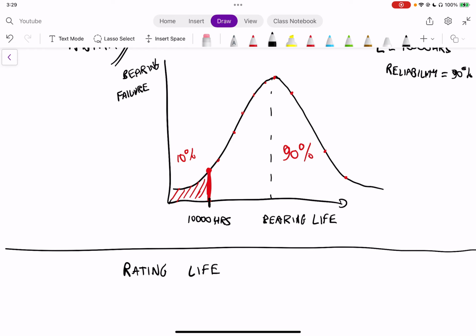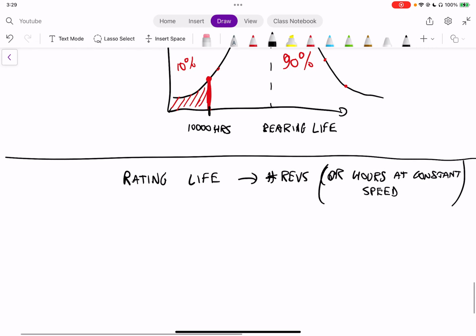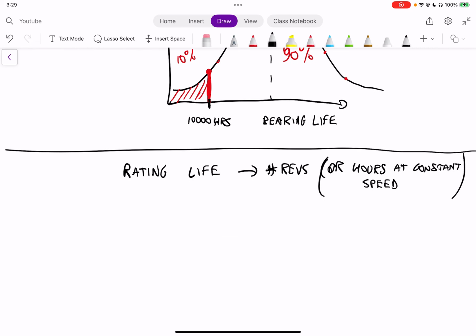So the rating life of a bearing is calculated in the number of revs, as we talked about above, the number of revs or hours, depending on the way that we measure, or hours at constant speed. Okay, so that's going to be called our rating life, which we just defined above in the graph.